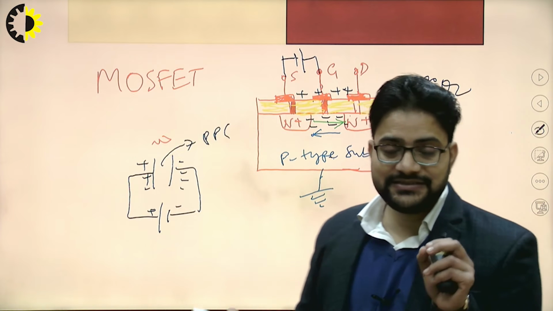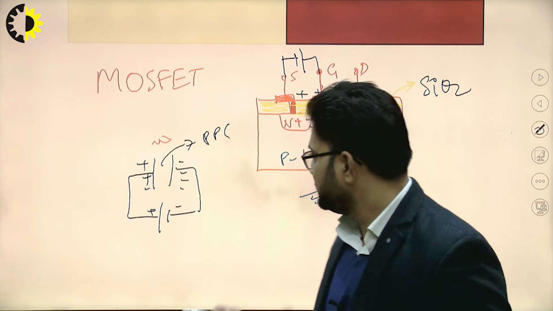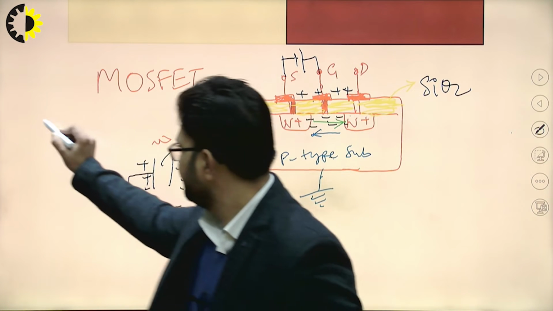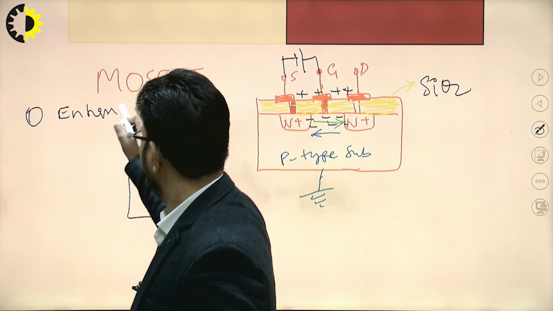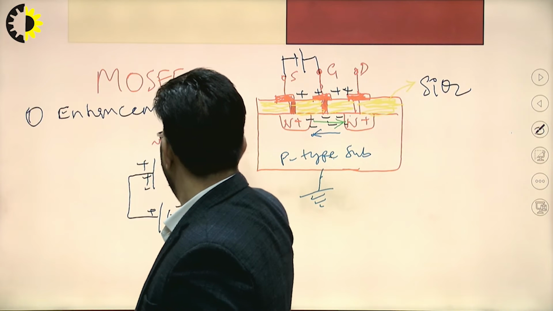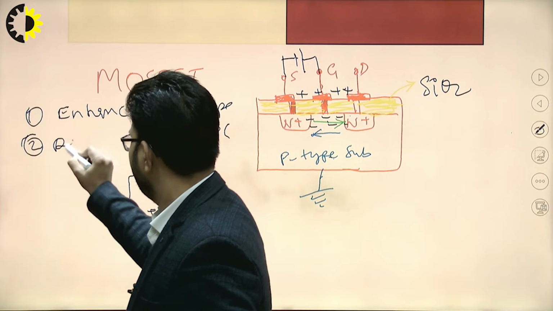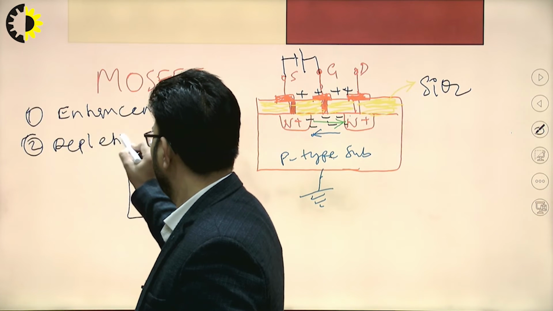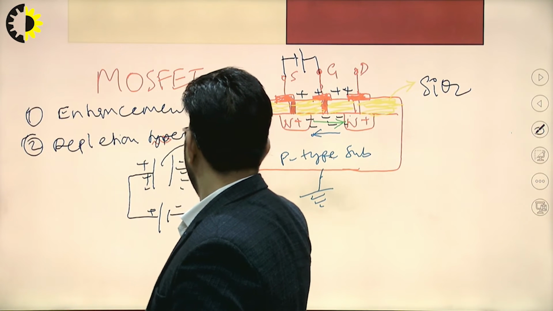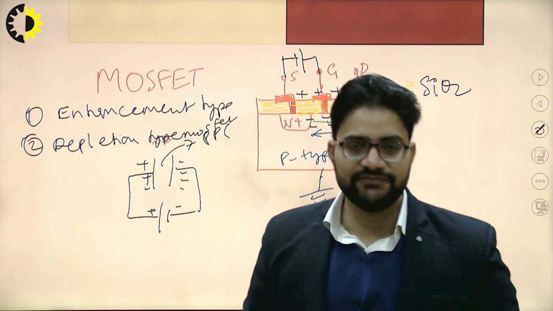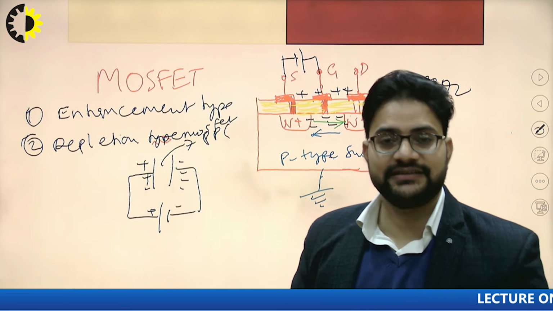Next is how it operates. The MOSFET is basically of 2 different types. First is the enhancement type, and the next type is the depletion type. In the depletion type MOSFET, these aluminum plates are connected.